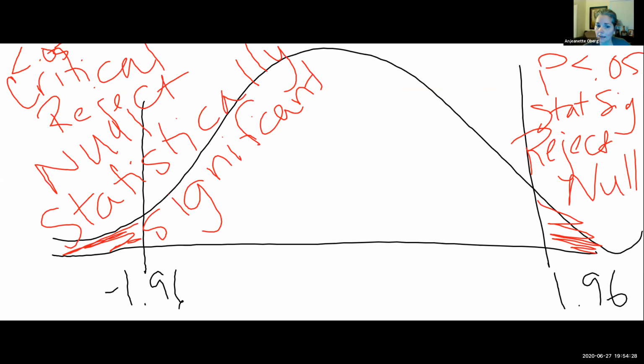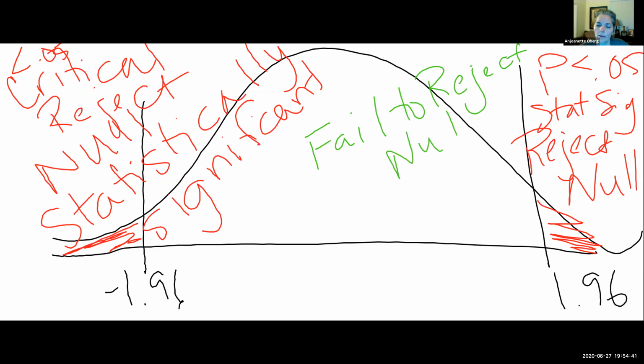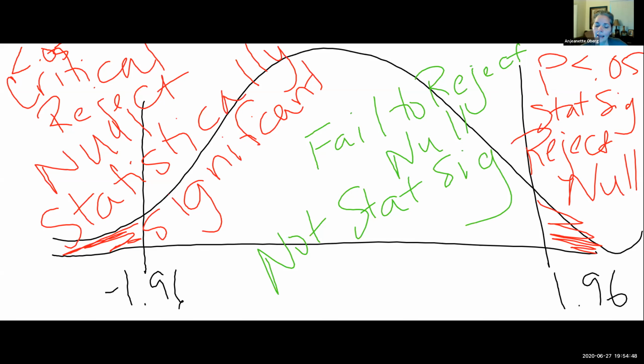If it's not, and it's in this middle part, just like 95% of the population, then we fail to reject the null. It is not statistically significant, and p is greater than 0.05. In fact, the probability is 95% that it'll fall in the middle instead of in the critical regions.